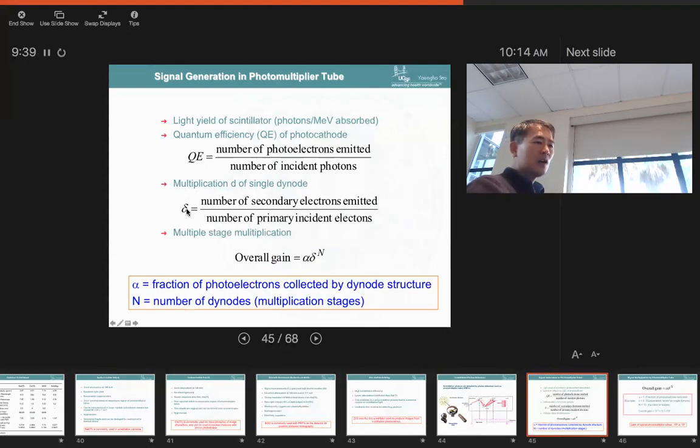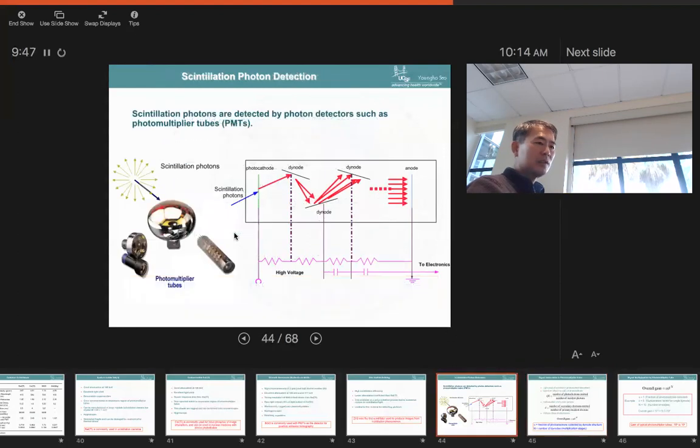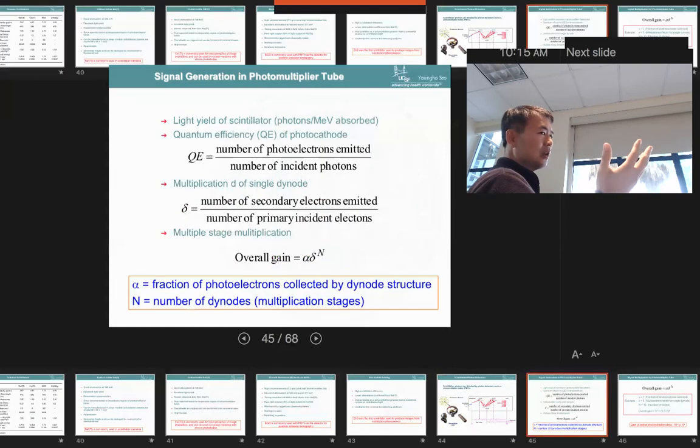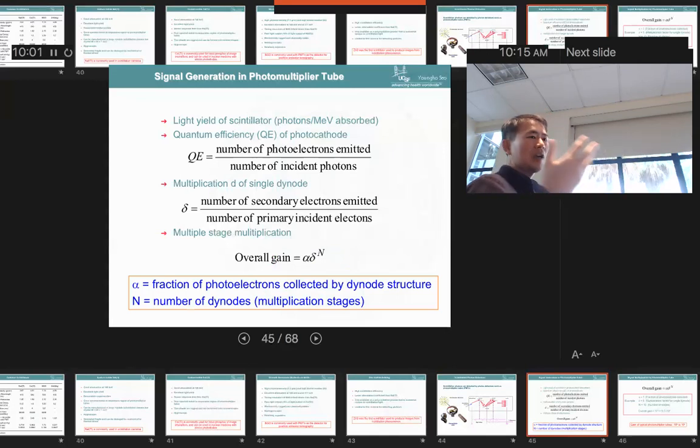That's the multiplication factor delta we define here. And then how many dynode stages do we have in the PMT? It's typically between 10 to 12 dynodes in a typical PMT. So we now know everything needed to calculate the signal generation, the amplification factor, of the photomultiplier tube.